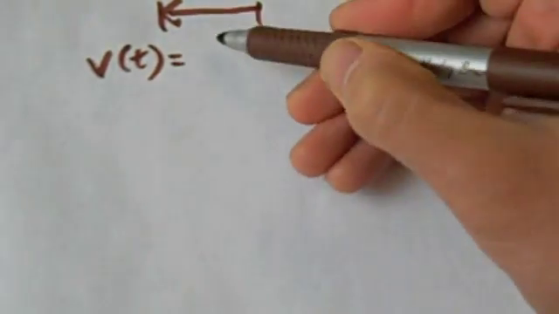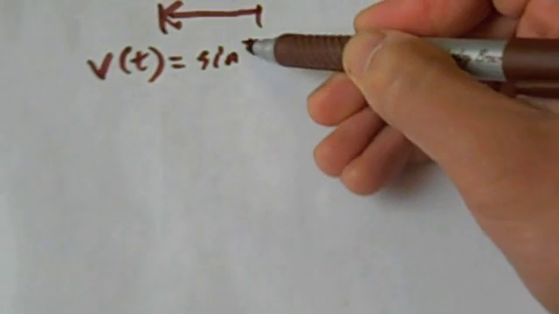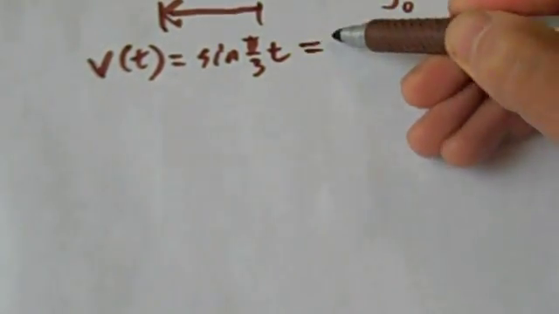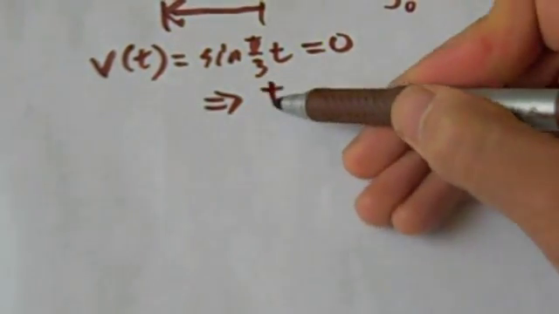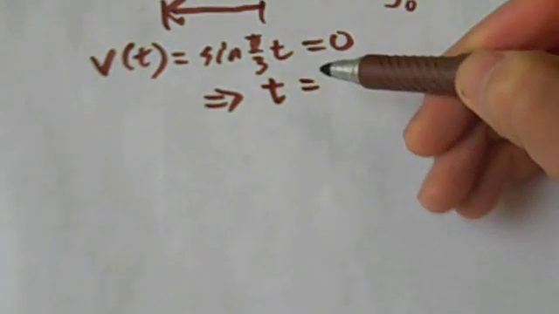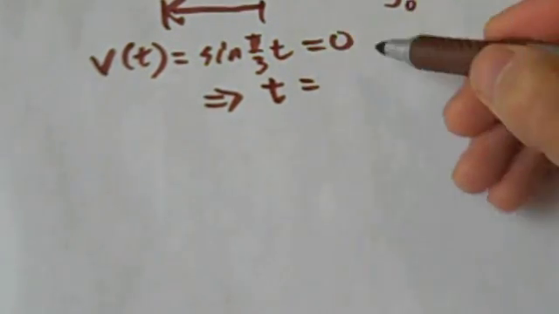So we need to figure out when the particle stops. v of t is equal to sine of pi over 3 times t, and you want to set it equal to 0. If you do the algebra, you will know that t is equal to 3 is where the particle stops. So this means that you have to set up 2 different integrals.